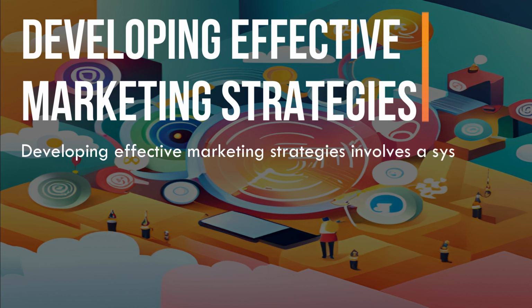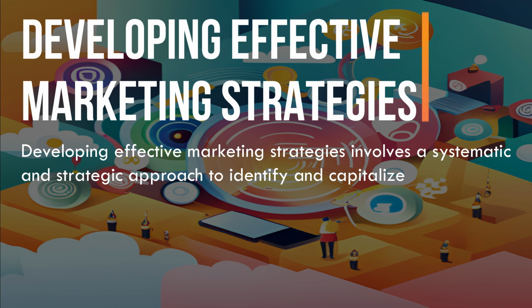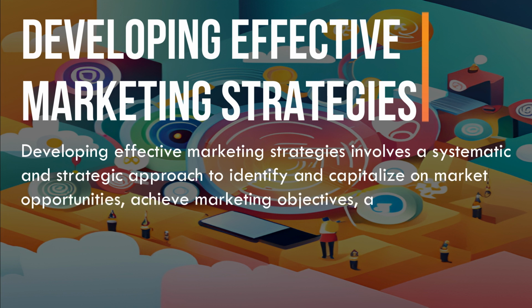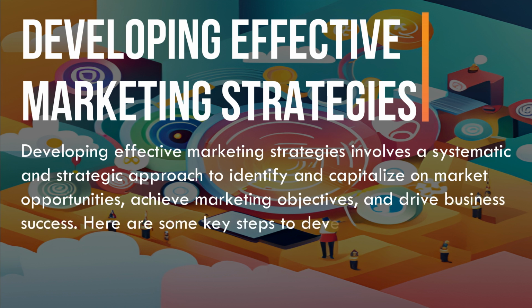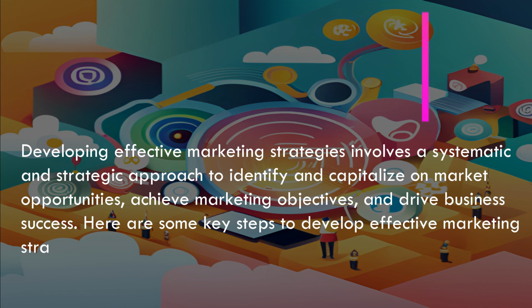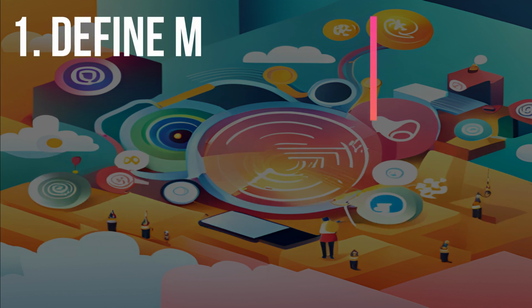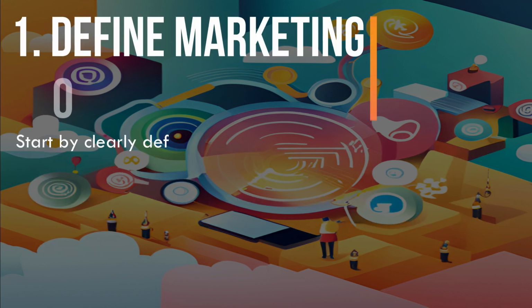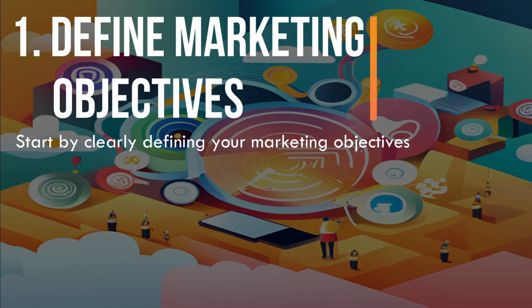Developing effective marketing strategies involves a systematic and strategic approach to identify and capitalize on market opportunities, achieve marketing objectives, and drive business success. Here are some key steps to develop effective marketing strategies. 1. Define marketing objectives. Start by clearly defining your marketing objectives.